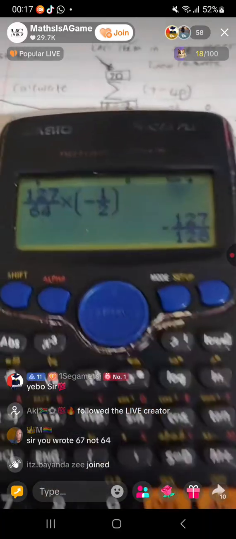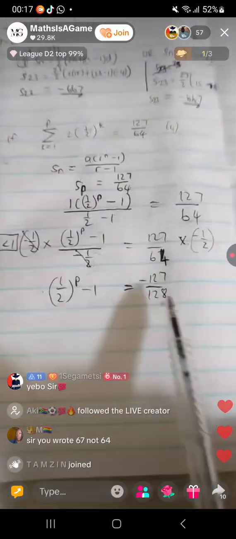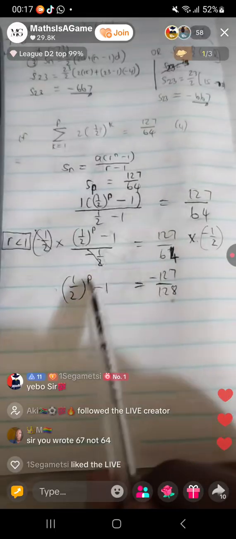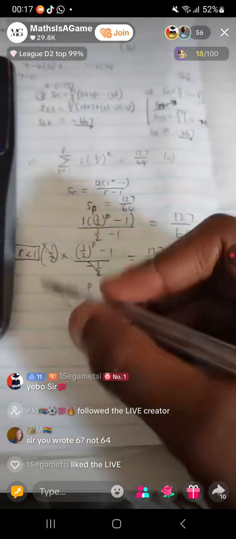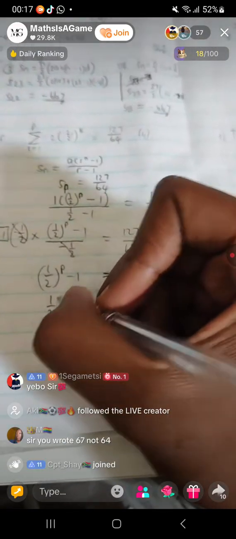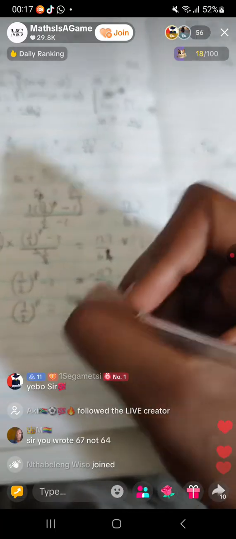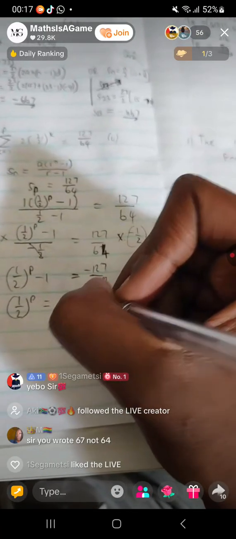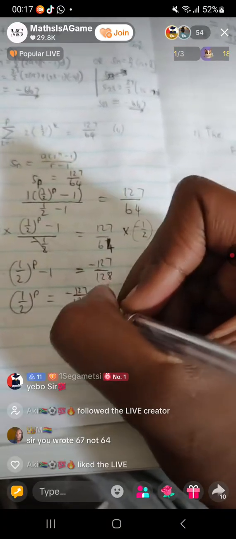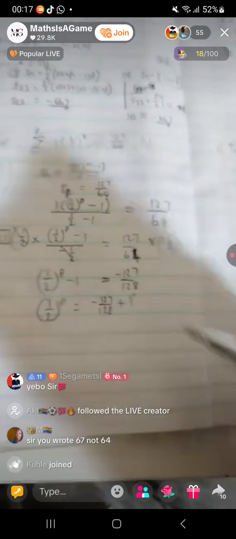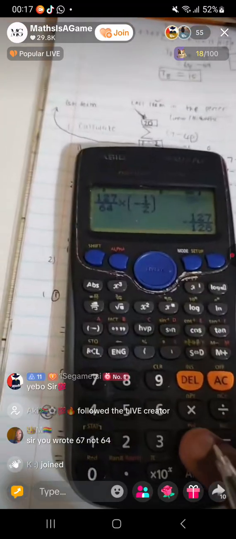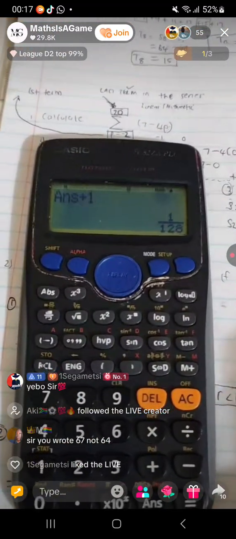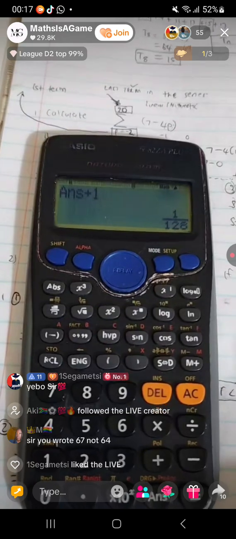All right, when we multiply by negative half, then we transpose this negative 1. So half to the power p is equal to negative 127 over 128 plus 1. So we are going to add 1. We get a positive 1 over 128.